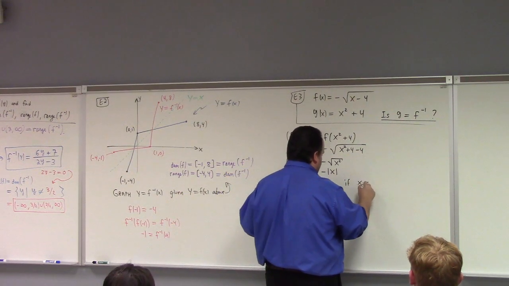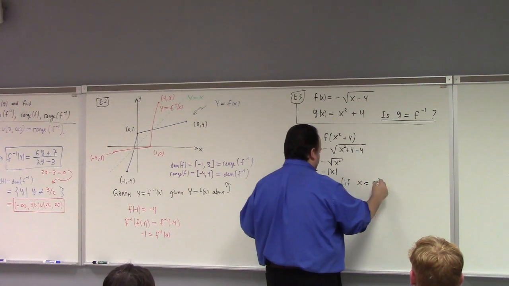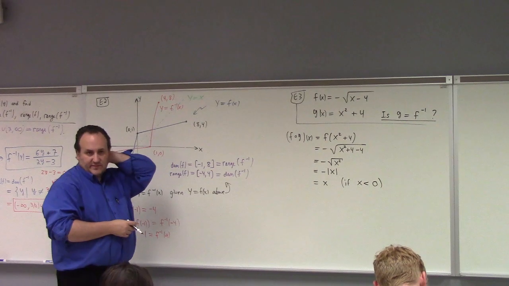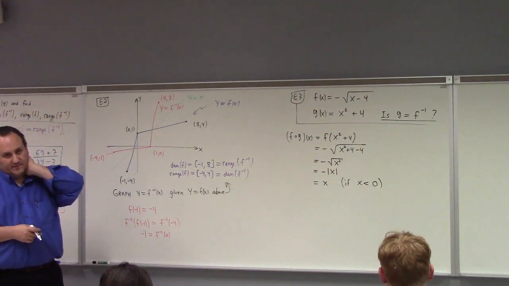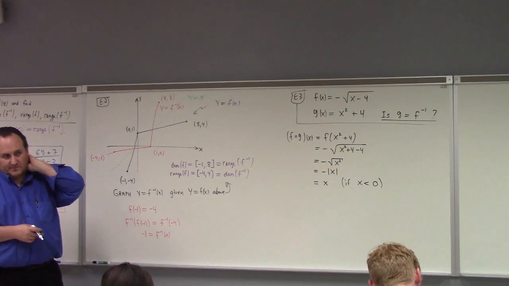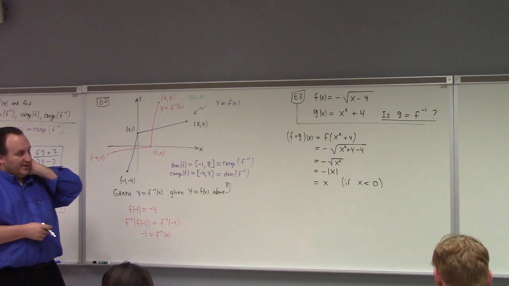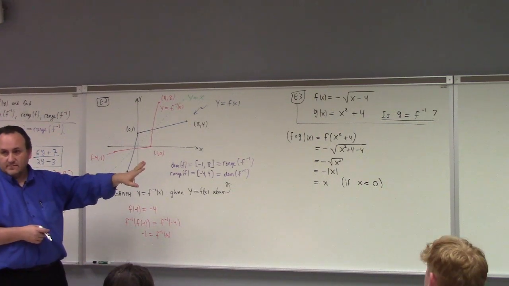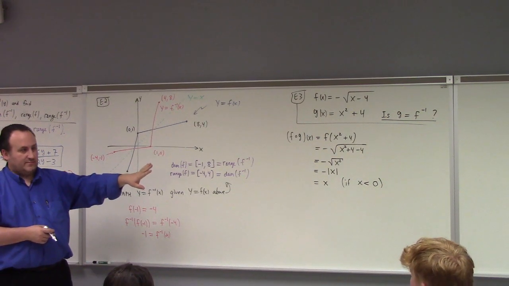If x is less than 0. I didn't tell you if x was less than 0 or greater than 0 for the formula, right? So that's an option we could explore here in principle. And if x is less than 0, then guess what? We're good, right? That works.